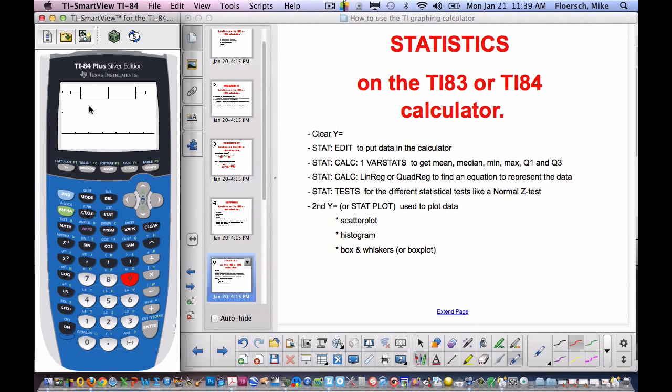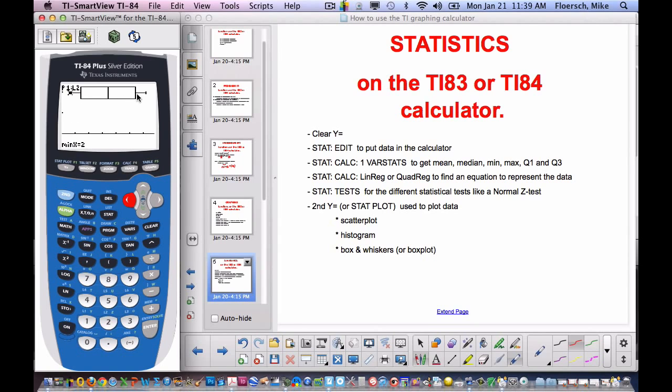I don't see what the max and min is and what the Q1 and Q3 and the median is, so what I can do is hit this trace button on my calculator, and now it'll say my cursor is sitting here at the median. Median is 0.5. If I scroll left, my Q1 was 3. Q1 is 3, and it shows you where that is. If I go left again, there's my minimum. X is 2.